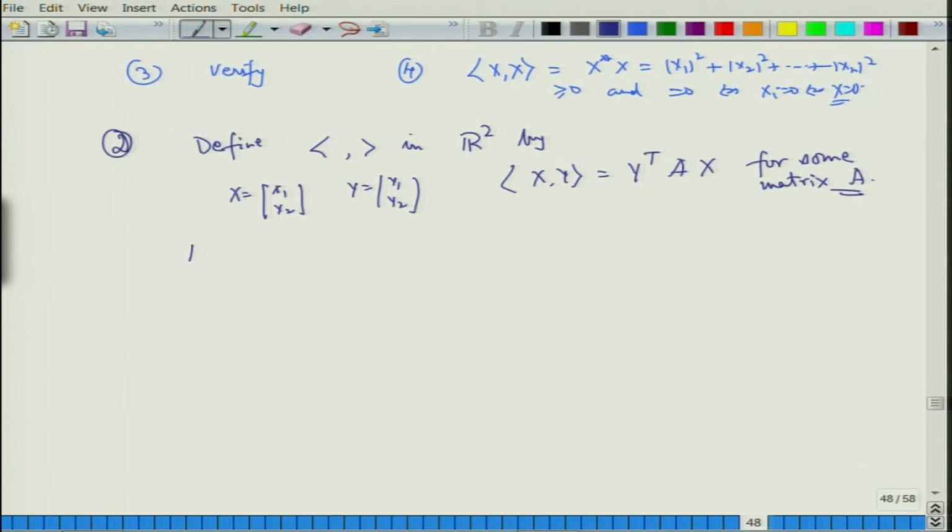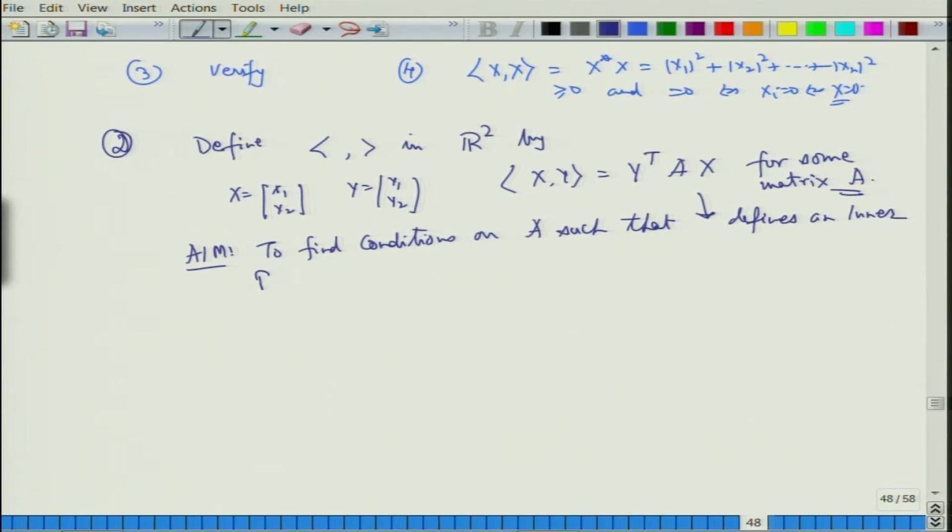All right. I want to check. So the aim is to find conditions on A such that this defines an inner product. Fine.